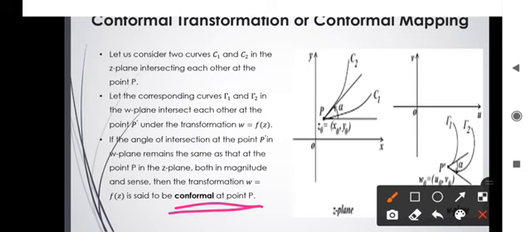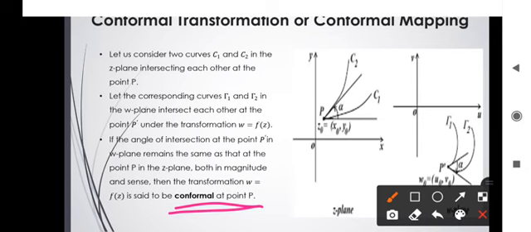The angle between the two curves C1 and C2 in the Z plane and the angle between the corresponding two curves tau 1 and tau 2 in the W plane should be exactly the same, both in magnitude and direction.